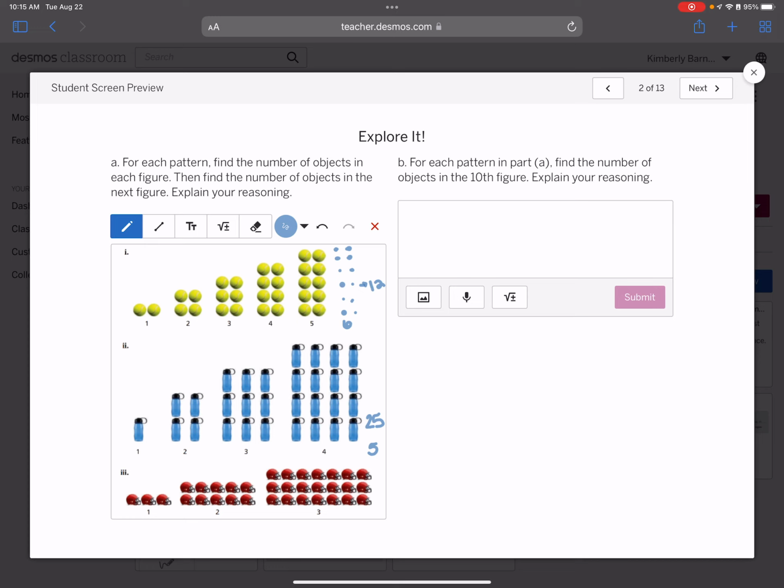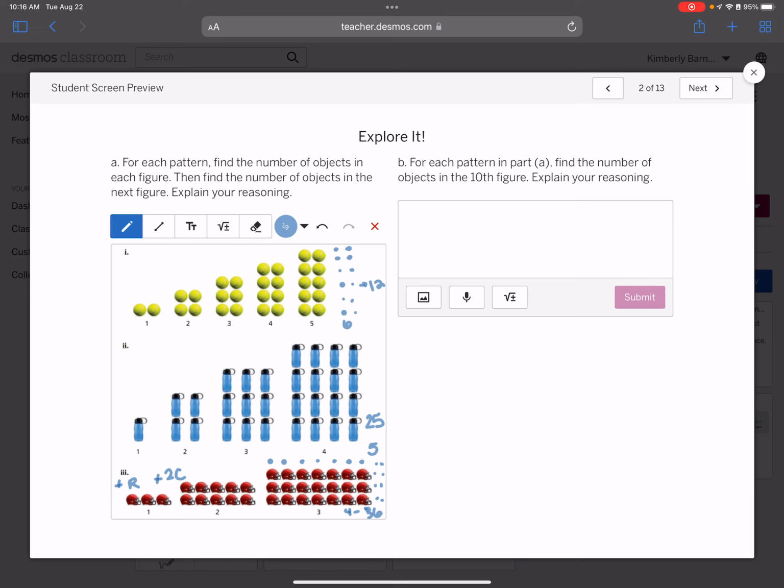And then finally, in the last problem, what you probably noticed is that they are adding a row, and then they're also adding 2 columns. So if I did that to this figure, then in my 4th image, I would have 36 helmets.